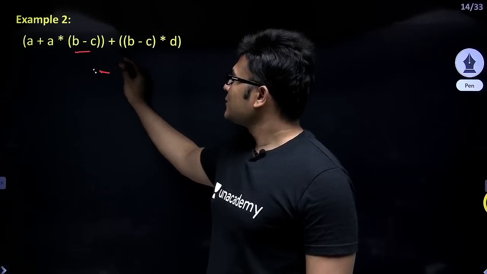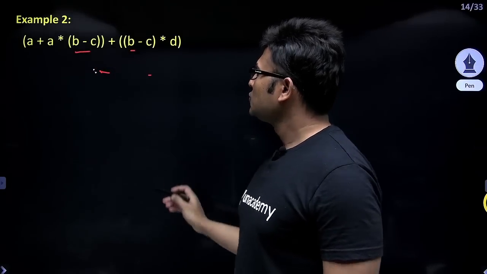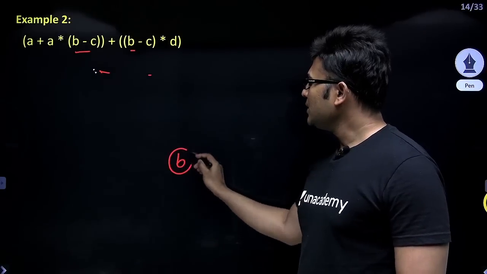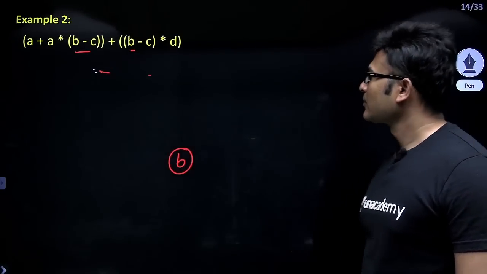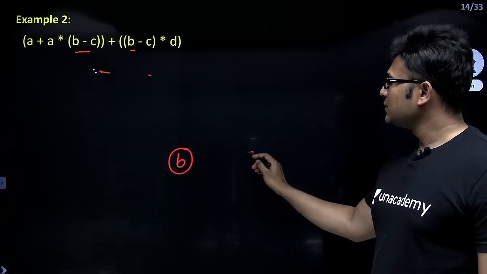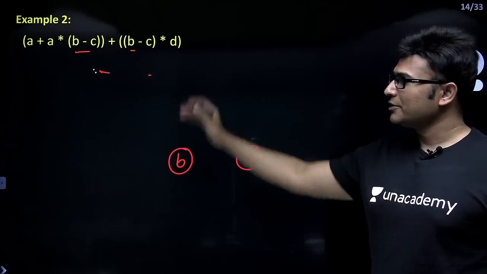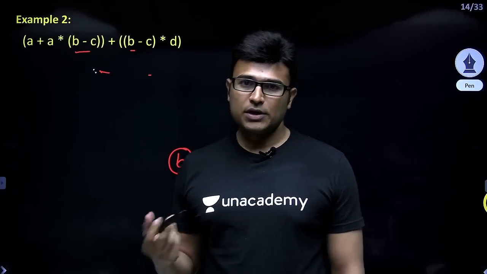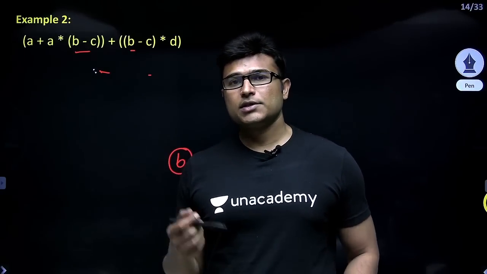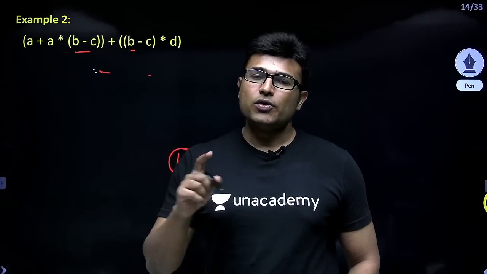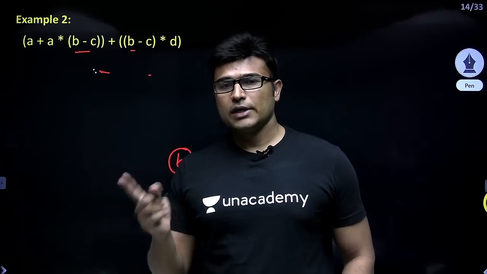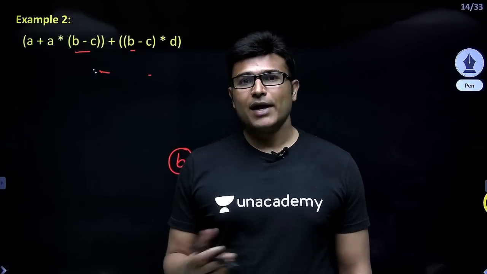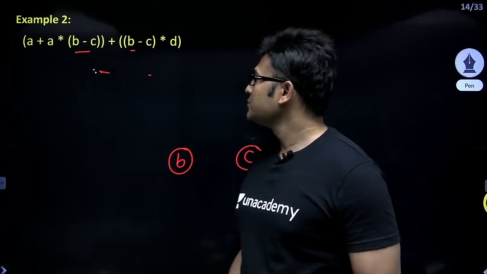B minus C has to be evaluated first, right? So that is why I'm evaluating B minus C. So B is a leaf, C is a leaf. See, there is only one statement, right? We are not trying to change the values of any variable here. So whenever you try to change the values of a variable, you have to use labeling. So labeling means B0, B1, B2 like this. But here the values of variables are not changing. That is why I'm not using it.